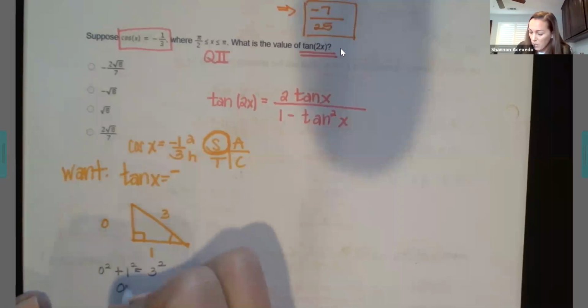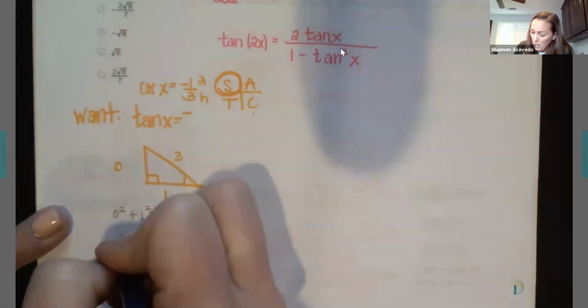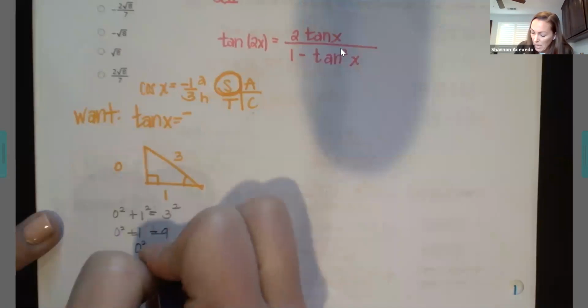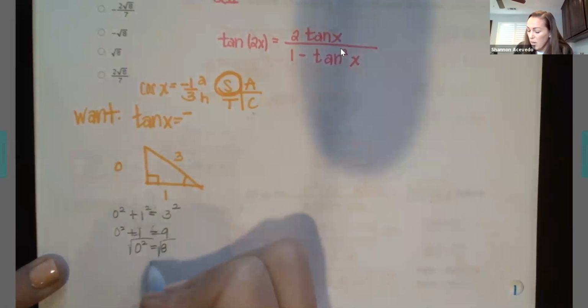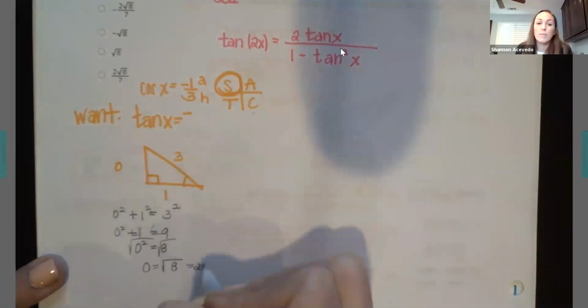Well, I guess I'll work it out. Plus 1 is equal to 9. So my opposite side squared is going to be 8. And I'm going to take the square root of both sides. So my opposite is the square root of 8. This is the same thing as 2 square root of 2.